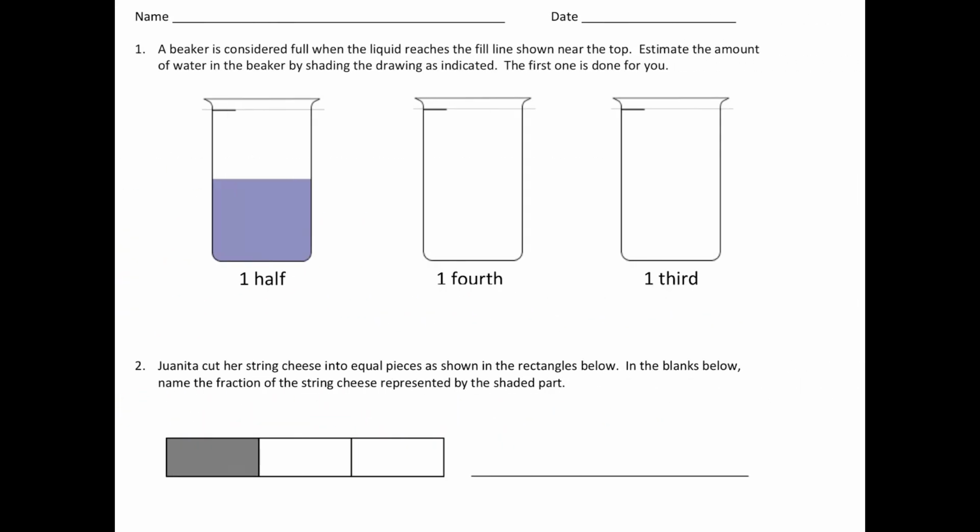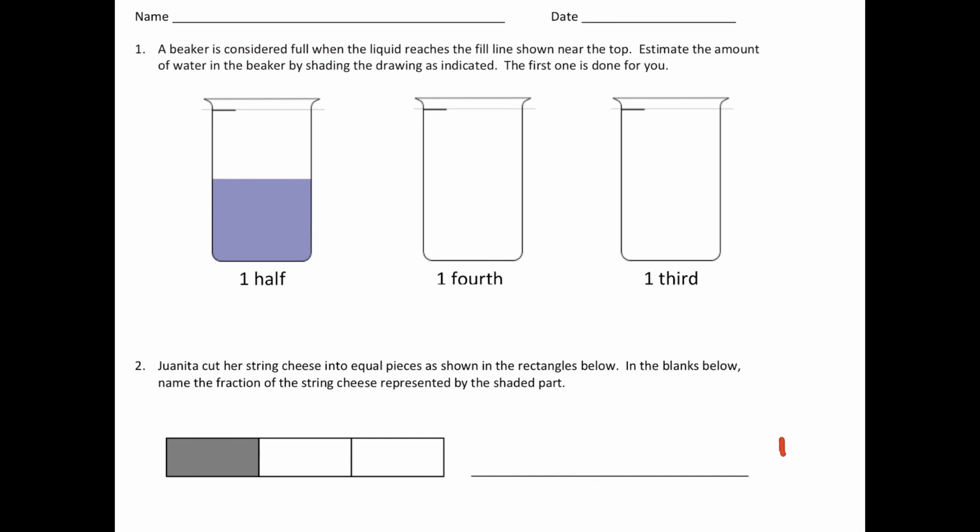Okay, so now it is time for you guys to do your homework for today. And this is going to be in your Eureka Math book. This first page looks very similar, you guys, to what I just did with you, okay? So on the first page, you're going to do what we did at the beginning.